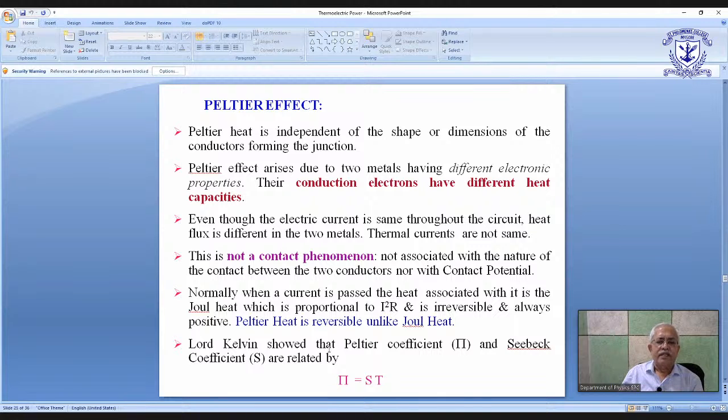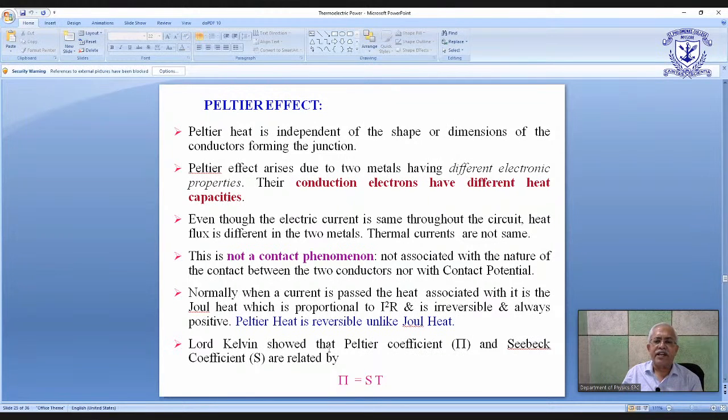The next point is what I have already stated. Peltier heat is a reversible phenomenon, unlike Joule heat. There is a mistake in the word Joule here. It should be Joule. Sorry about that. So heating due to the Peltier effect is a reversible phenomenon.